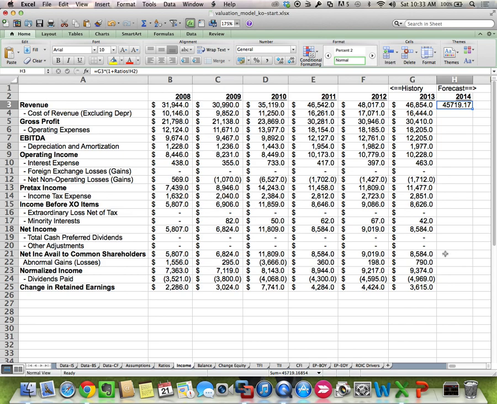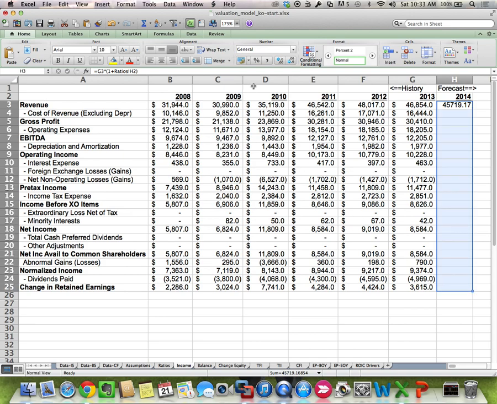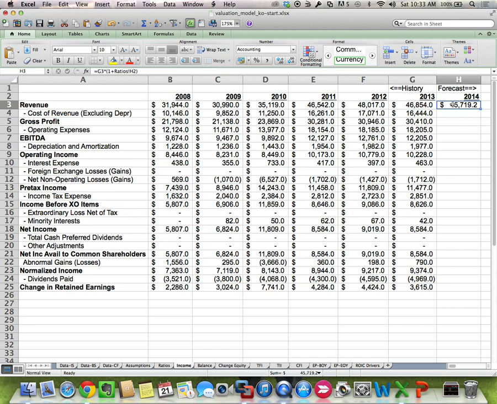I'm going to format this whole column as dollar accounting to 1 decimal place, just to be consistent with everything else. But basically, if they grow a negative 2.4%, that would be their revenue.